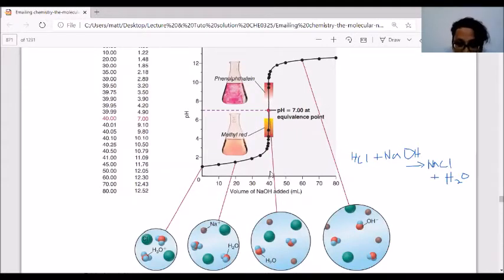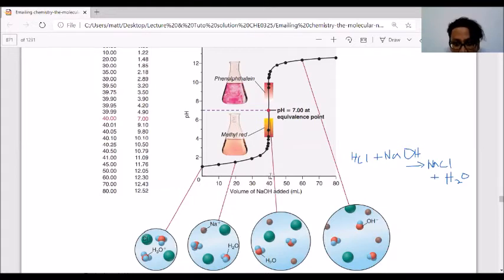Dekat. Nampak? If the indicator changes color here, in terms of volume it is very far, around 35. If it has already changed color at 35 mL, this is not good.